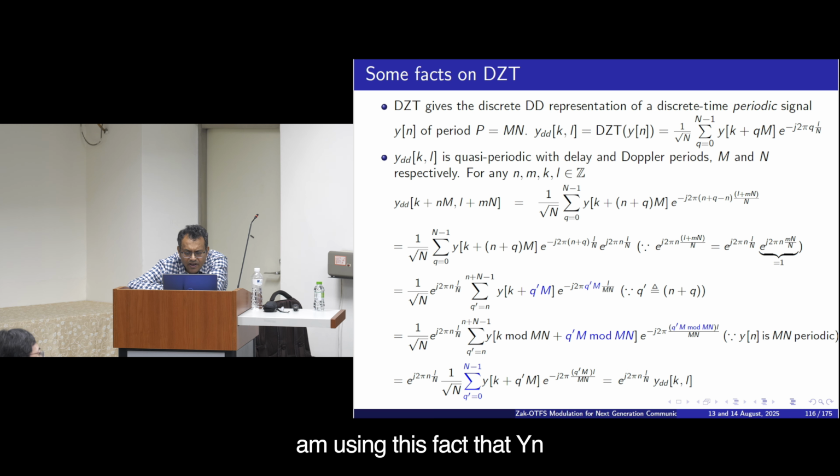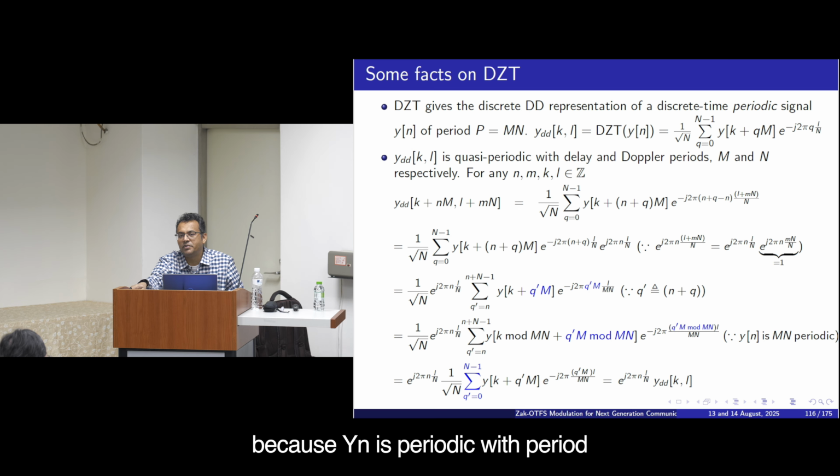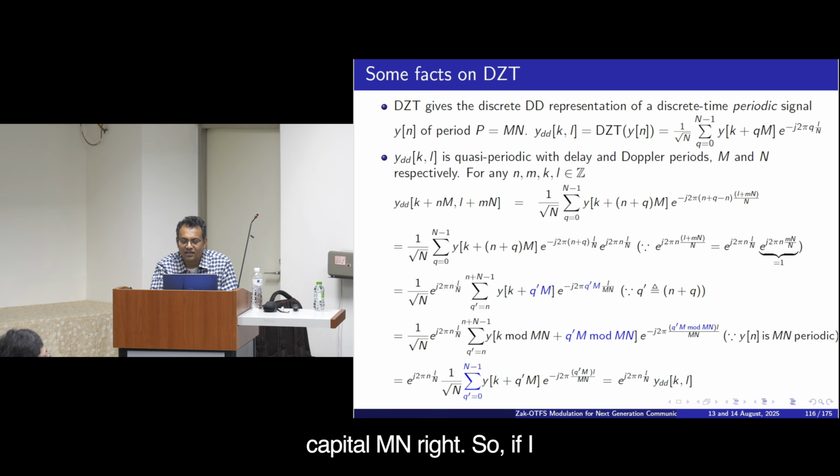Now, I am using this fact that y n is periodic with period capital Mn. Because it is periodic, if I just compute the modulo Mn value of this index, they are the same, right, because y n is periodic with period capital Mn. So, if I replace k with k mod Mn and q prime m with q prime m mod Mn, it is one and the same.